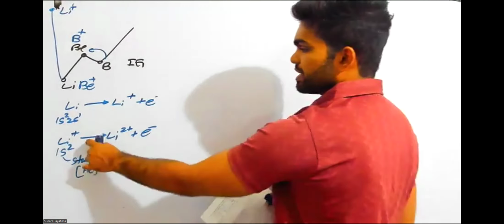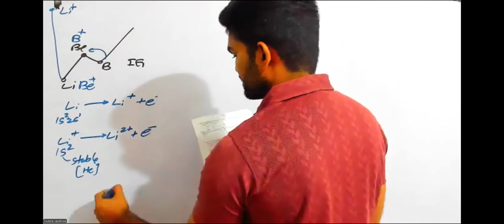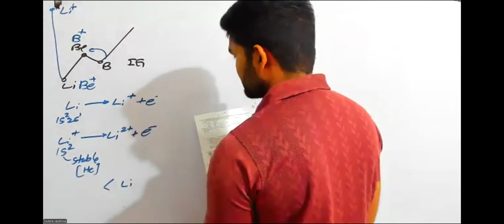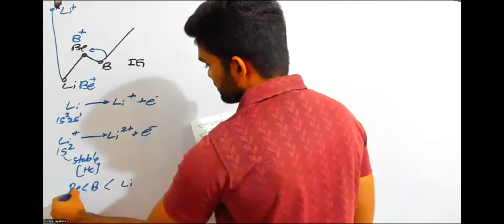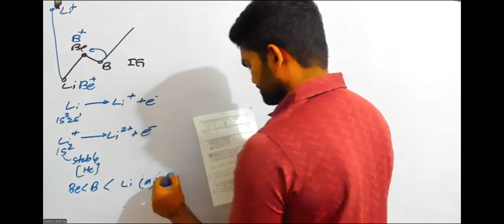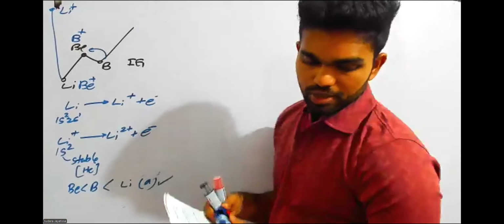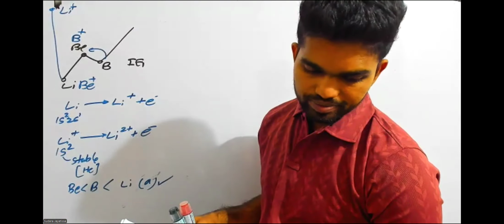That's why this value is very high. Understood? So the proper order is lithium the highest, then boron, and finally beryllium. So statement A is correct. It's about second ionization energy.